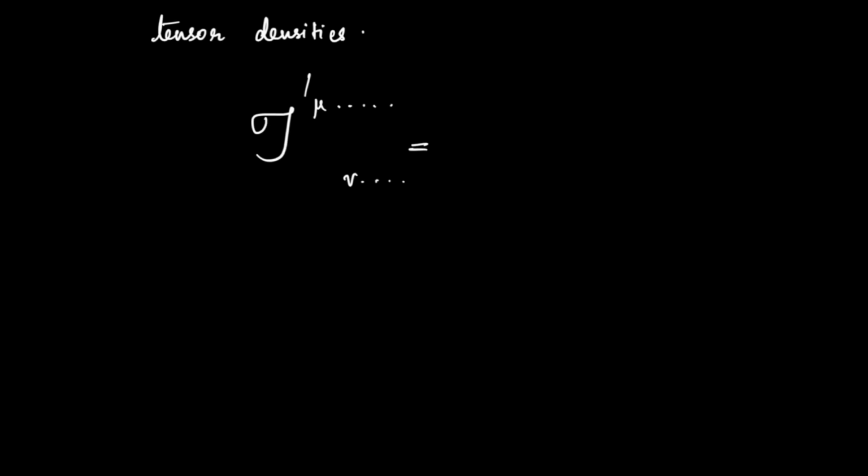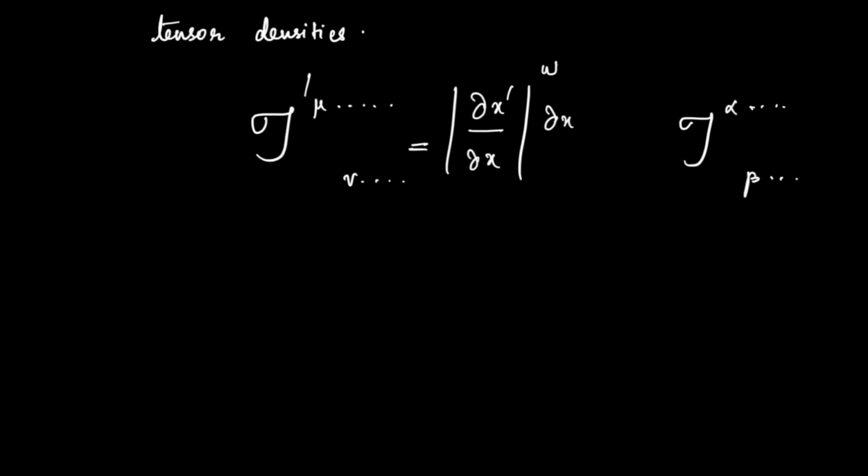It will transform just like the tensor, but there will be one extra factor, which is called the Jacobian of the transformation, raised to a weight w. Otherwise, other things are the same: partial derivative of x prime with respect to x alpha, partial derivative of x beta with respect to x prime nu.